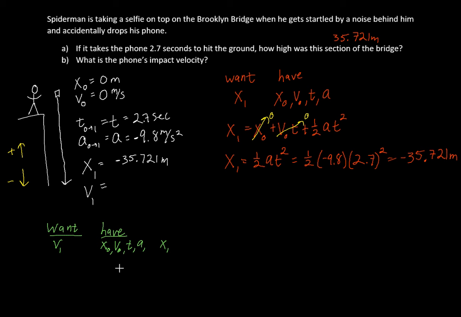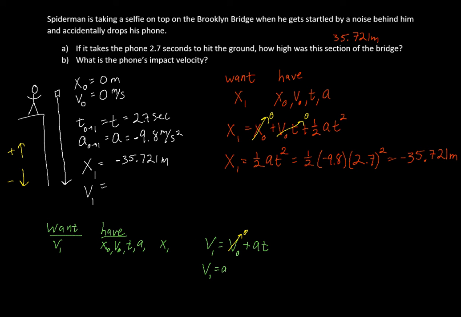If I look at all of my equations, I find that I do have an equation that won't use x1. Our final velocity is equal to our initial velocity plus a t. Notice we don't have x1 in there, which means we're still using only information that they gave to us. So I'm going to plug in my zeros, where v0 is 0. Then I would rearrange my equation, but again, we got super lucky here.